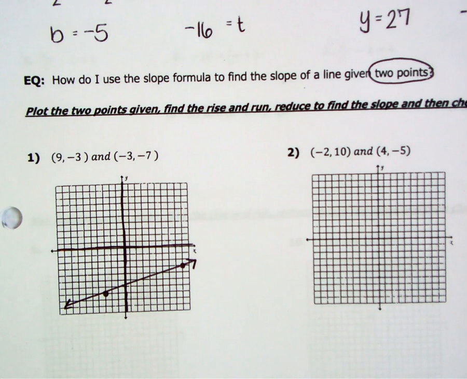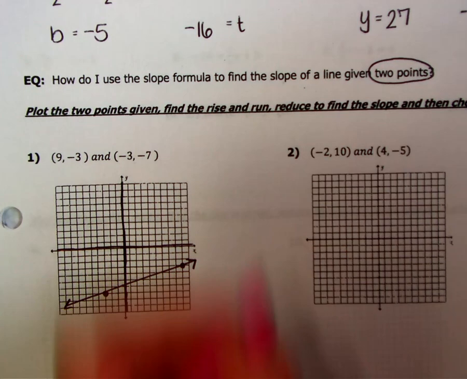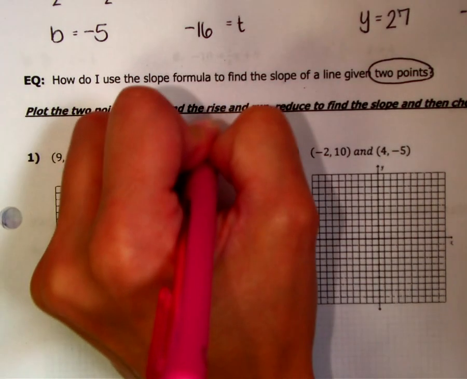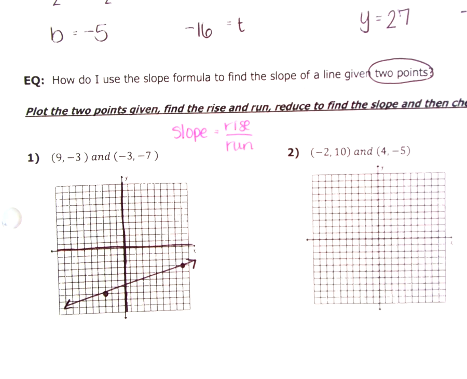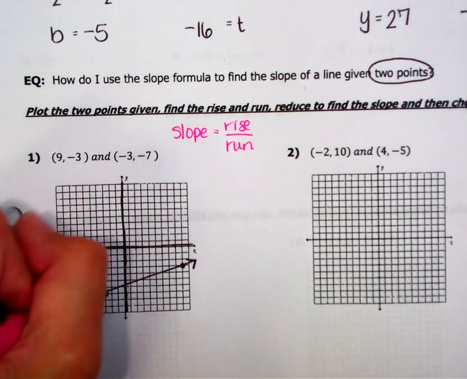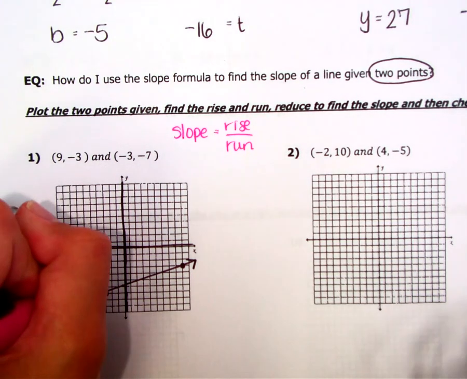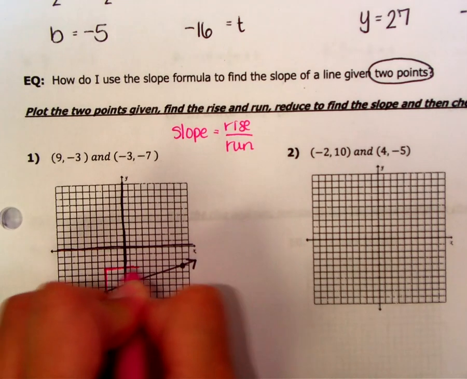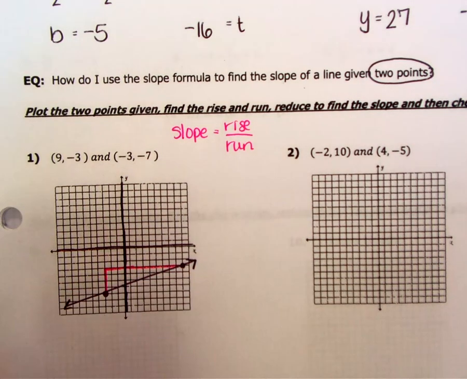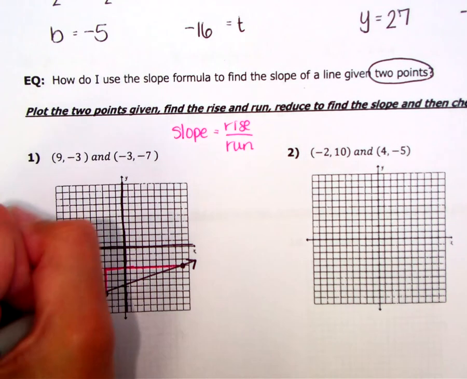Yesterday, how did we define slope? Rise over run. So we're going to start at our point. We're going to rise, and then we're going to run. Is this slope going to be positive or negative? Positive. How much do I rise?